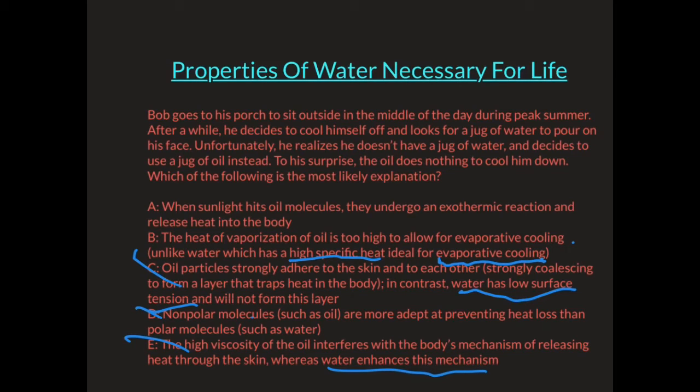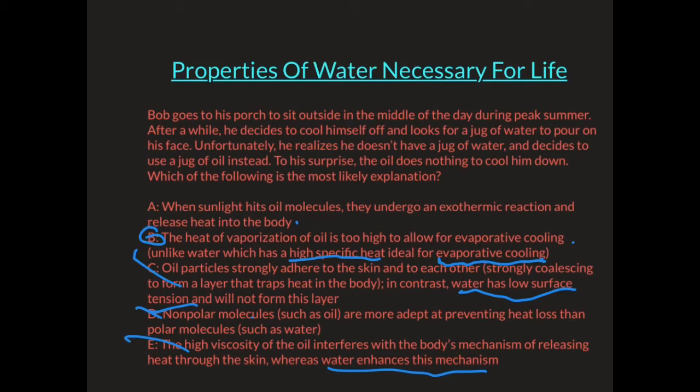And so we're left between A and B. Based on this point, if you don't know much about how oil really works, the claim that oil releases heat through an exothermic reaction is possible, but we're able to see that the more likely answer here is B, right? Because we know that water has a high specific heat. We know that statement is correct. We know that water is engaged in evaporative cooling, and the heat of vaporization of oil is too high to allow for evaporative cooling.